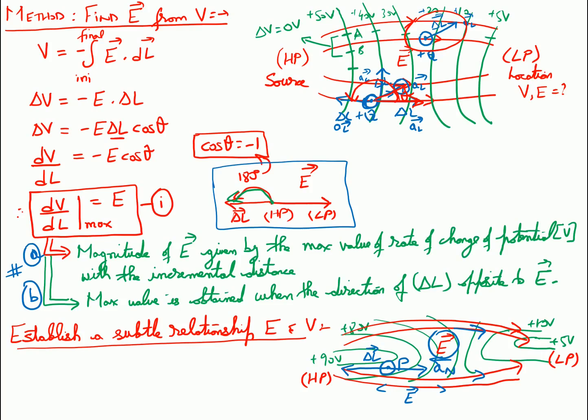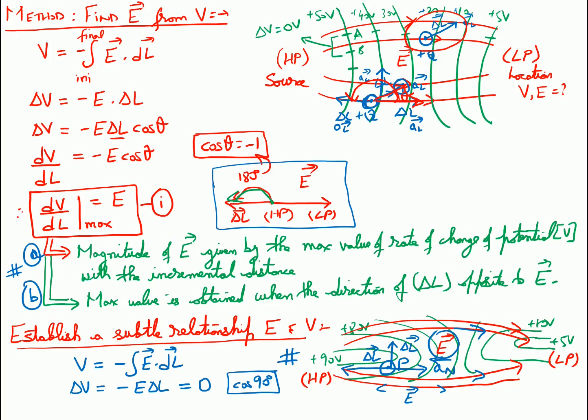Once we have this scenario, let us see what the equation of the electric field is for it. Again, we know that potential is related to the electric field as E dot dL, and if we are taking incremental potential, it is minus E delta L. Now if we had taken delta L to be perpendicular here, which we can, because the potential can be maximum perpendicular to point P or the electric field, in this case it would be equal to 0 because it makes an angle with cos of 90 for the scalar product.